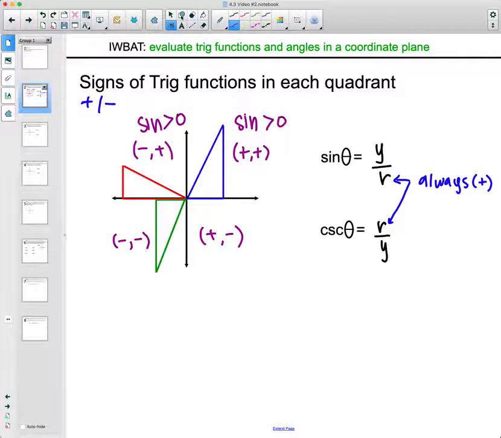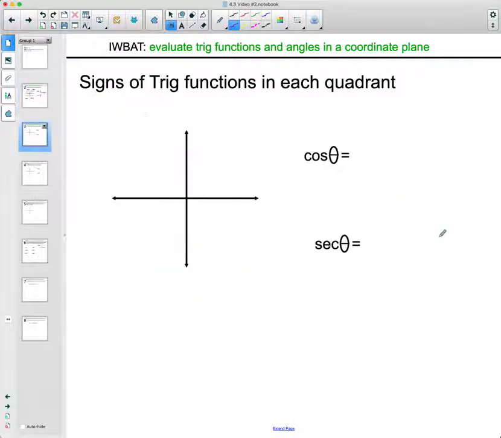In the third quadrant, the y coordinate is negative, so the sine is negative, or less than 0. And in the fourth quadrant, the y coordinate is negative, so the sine is also negative.